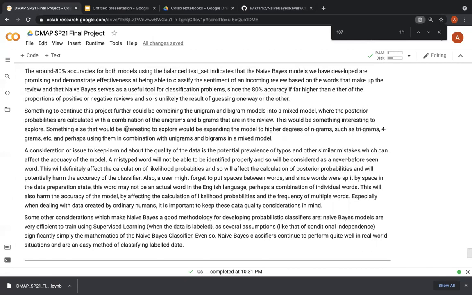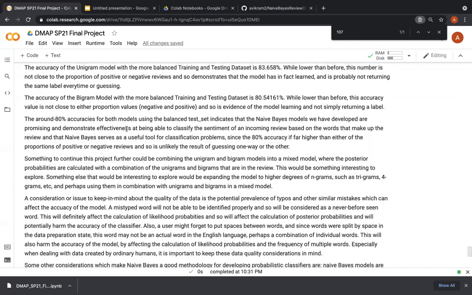And I think all in all, our model was successful. I think it is promising, right? I don't think it's at a perfect stage yet, but it was promising. It showed around 80% accuracy for our balanced data set, when we had a smaller data set where the proportions of positive and negative reviews were closer to 50-50, not exactly around 45 and 55% positive and negative.